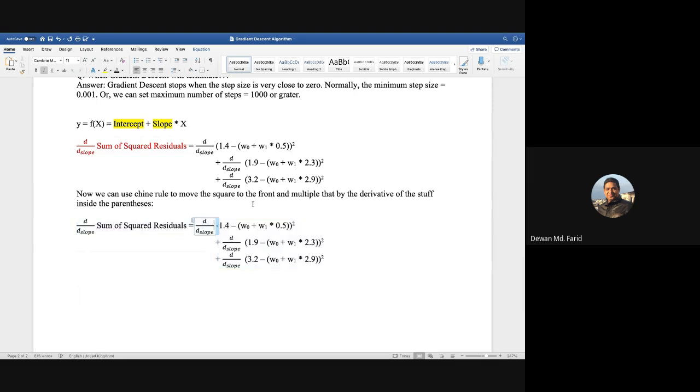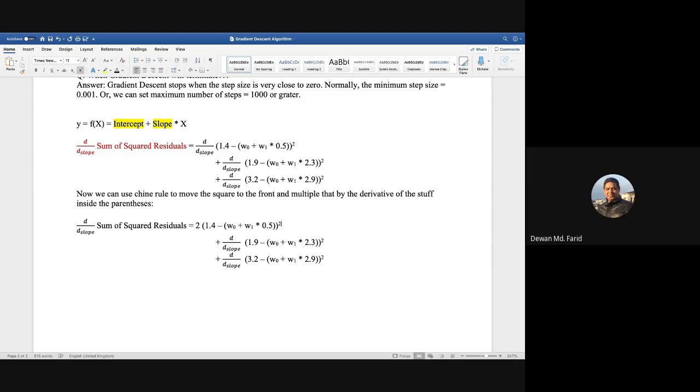So you can write like this: 2 times 1.4 from the above equation minus W0 plus W1 times 0.5, right? Yes, sir.